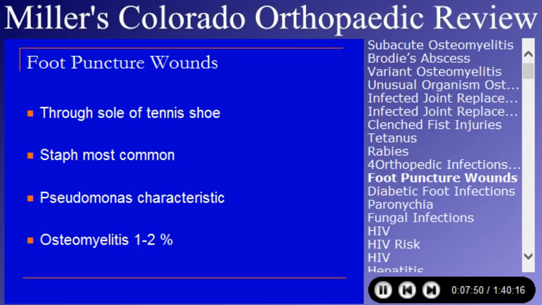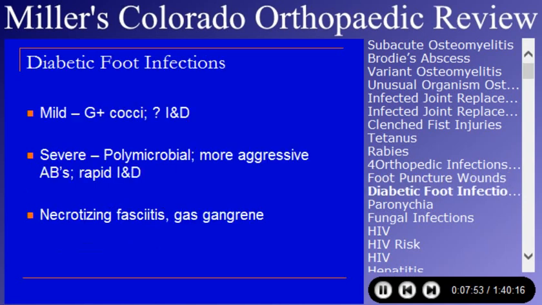Diabetic foot infections are potentially very severe infections, as you know, leading to a large number of amputations nationwide. Mild infections tend to be gram-positive cocci, like most everything else.